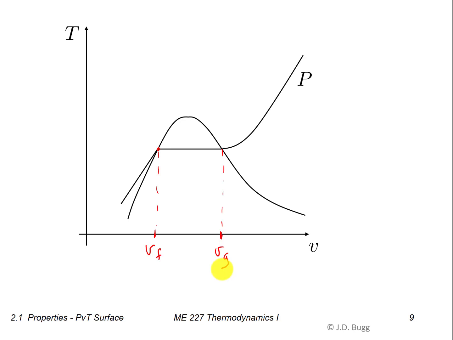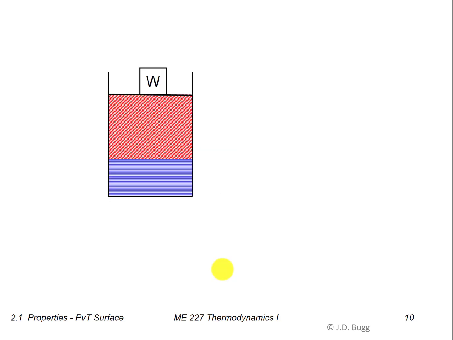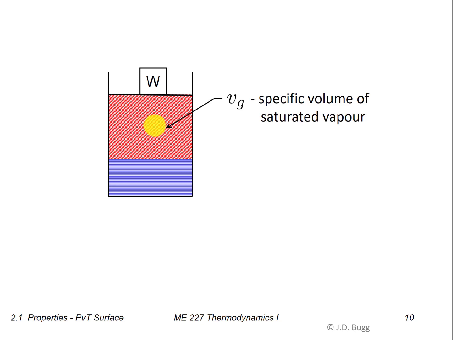Let's take a look at how this relates to what's going on in a mixture. Here we have a mixture, liquid and vapor. If we were to go inside of this piston cylinder device and grab a chunk of this vapor and measure its specific volume, we would find it would be equal to v_g. So the specific volume of saturated vapor is the specific volume of the vapor when we have a mixture.